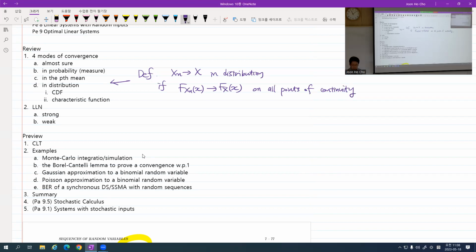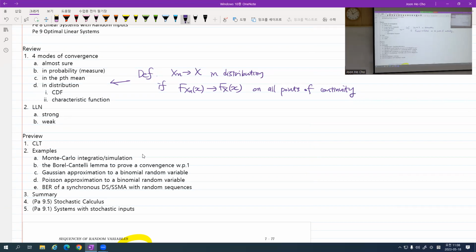Okay. So as long as, on the points where the CDF of the limit random variable is continuous, you must have the convergence of the sequence of CDFs at that point.